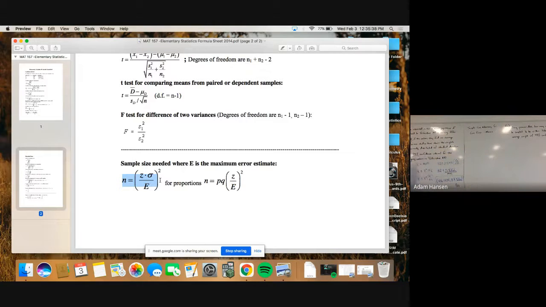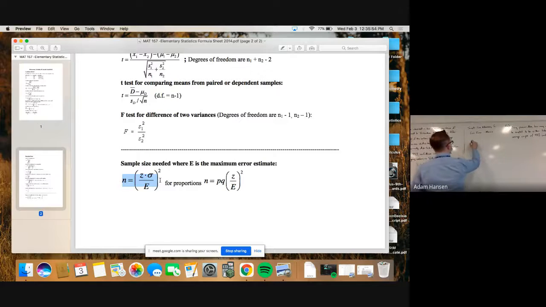In your margin of error formula for confidence intervals, the margin of error is given by this piece, what I have to add and subtract. I want that margin of error to be no more than some allotted error value that we've been given.